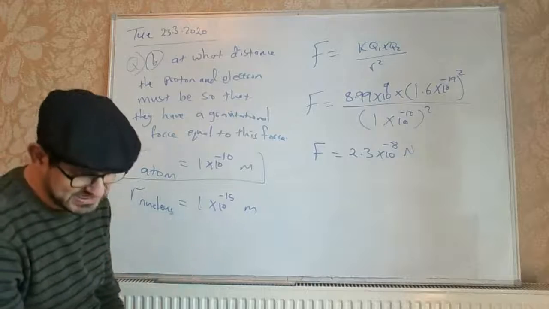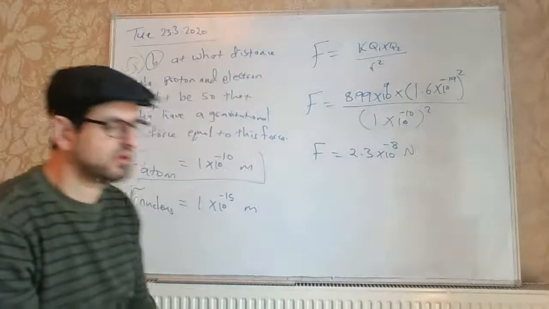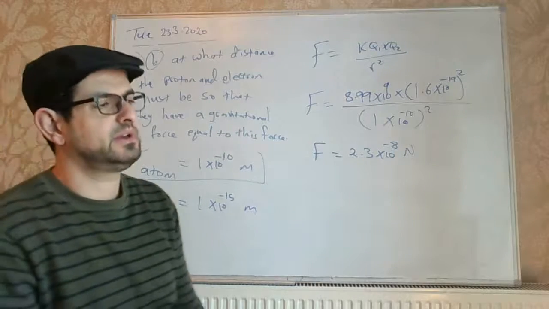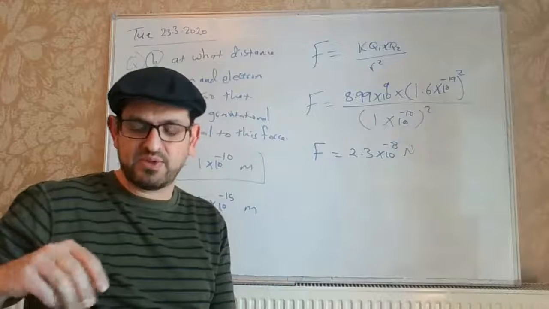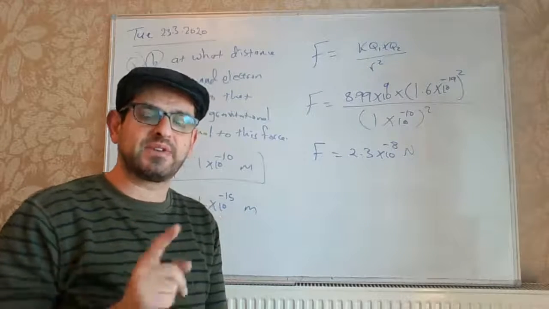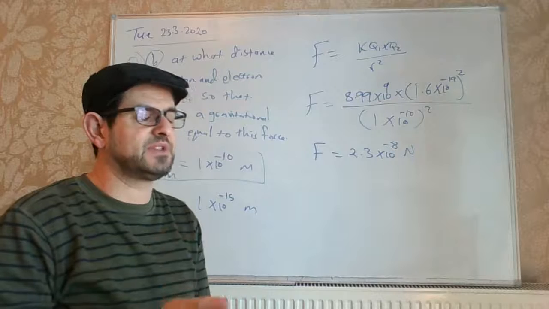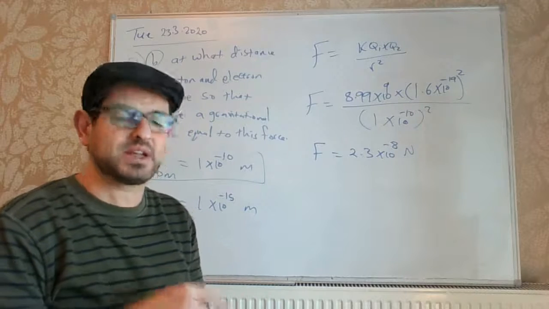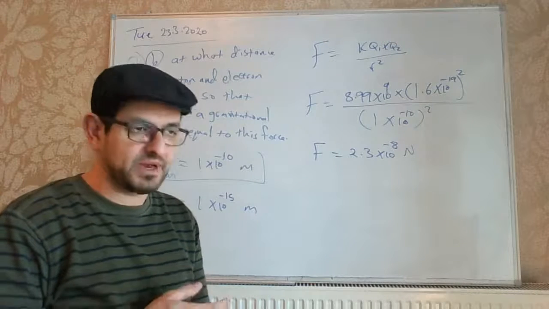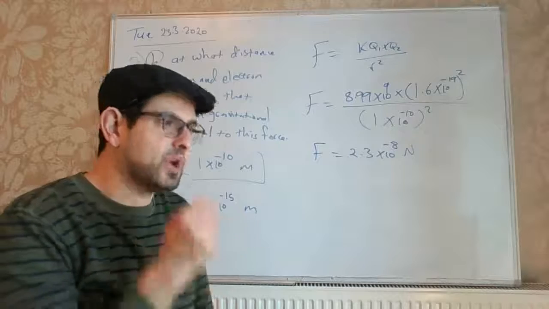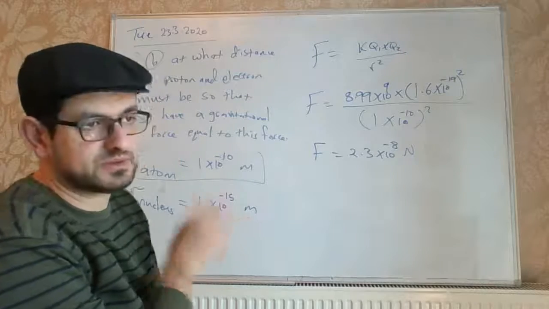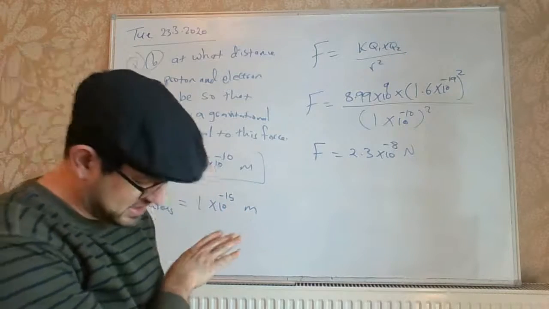I could ask it in a different way. I could ask you to calculate the gravitational force between them and the electric force between them and compare. But I will ask it another way: calculate the electric force. Okay, this is the electric force, this is real.